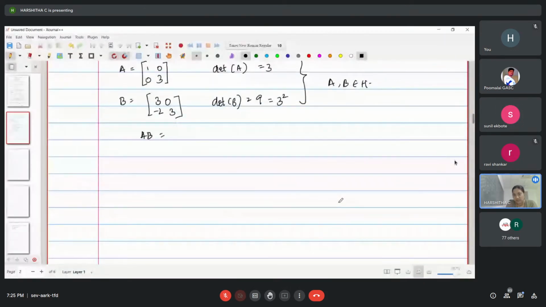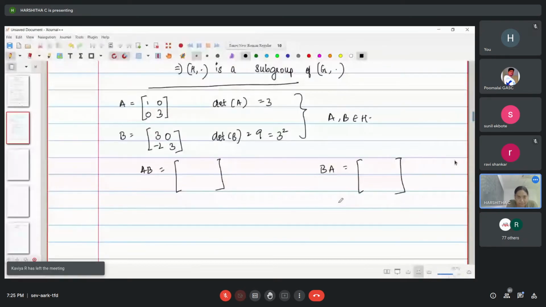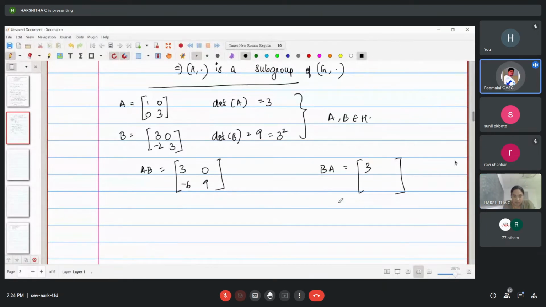So can some of you compute BA? I hope my computations are right. BA is 3, 0, minus 2, 9.